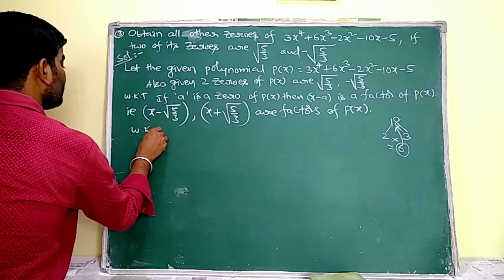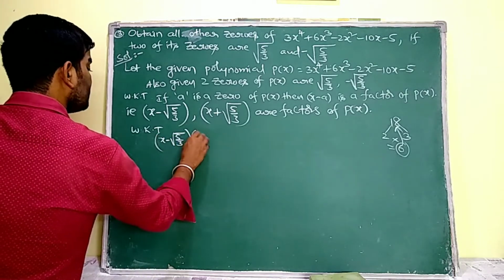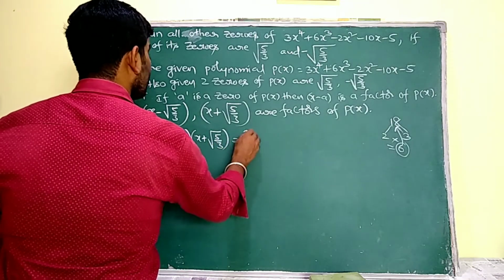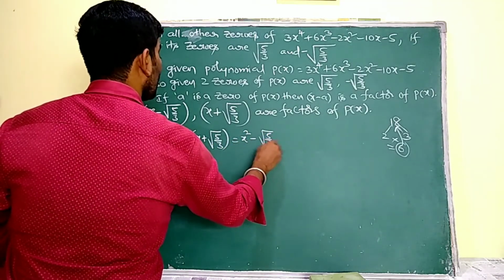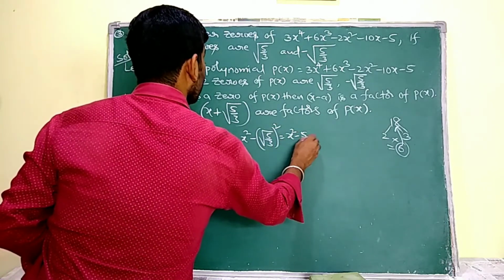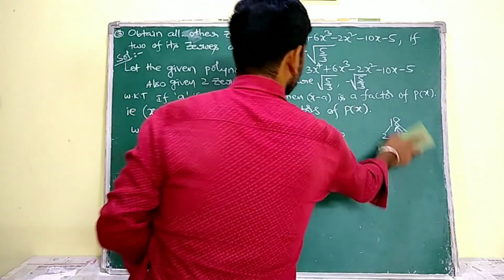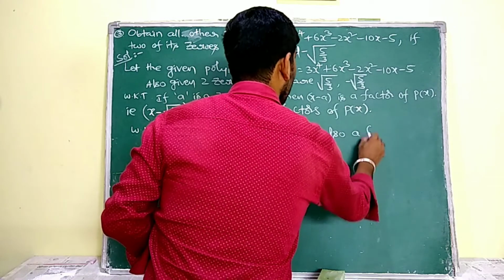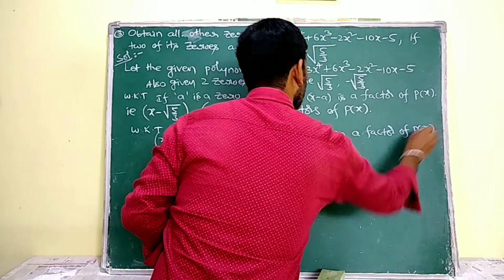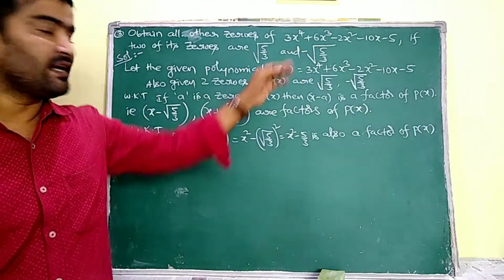We have to write: x minus root over 5 by 3 into x plus root over 5 by 3 is equal to x square minus root over 5 by 3 whole square, that is equal to x square minus 5 by 3, is also a factor of p(x).